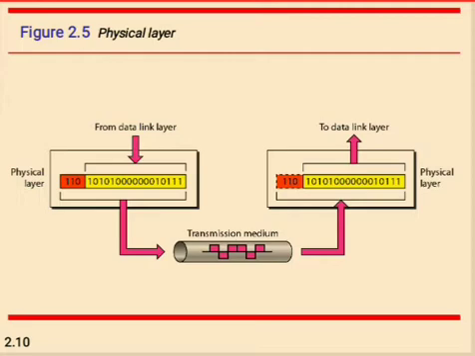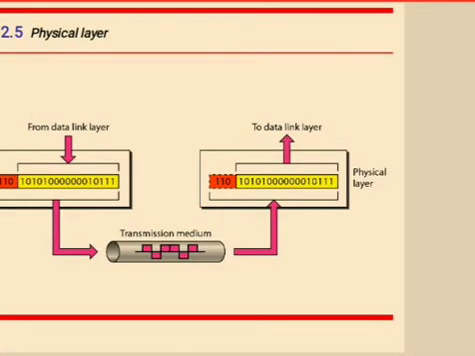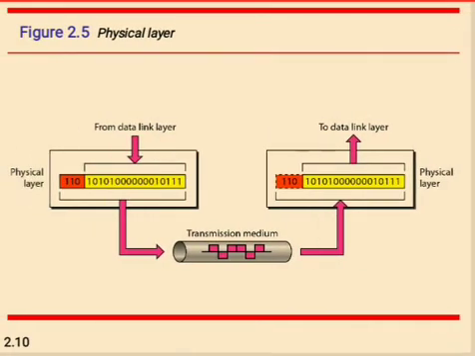The next function is the physical topology. What is the physical topology here? The physical layer specifies the way in which the different device nodes are arranged in the network. What topologies are there?